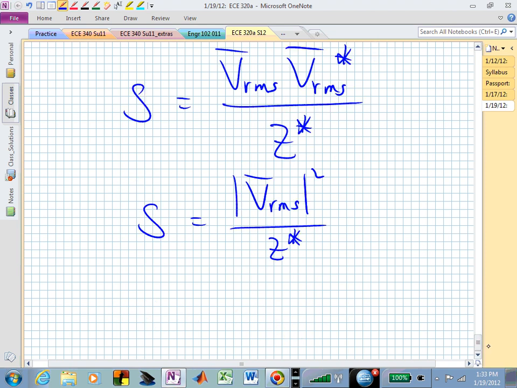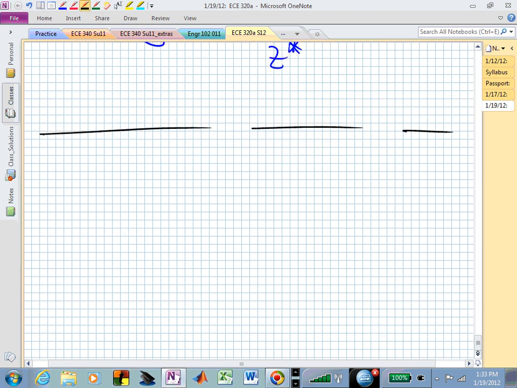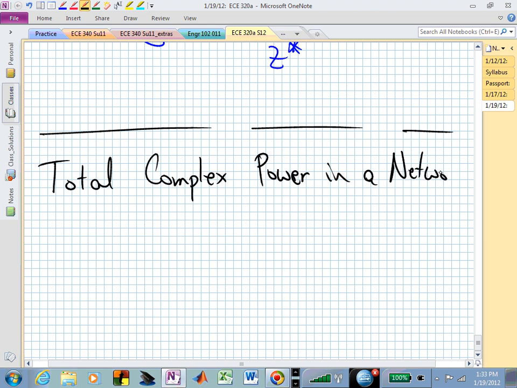Complex power formulas. Let's now look at the idea of having a lot of different interconnected elements. So now let's look at the total complex power in a network.